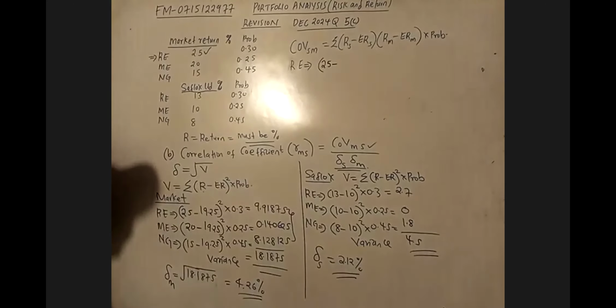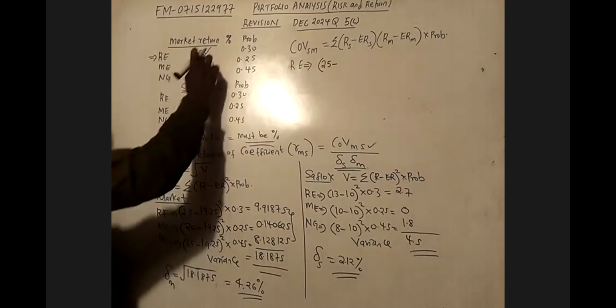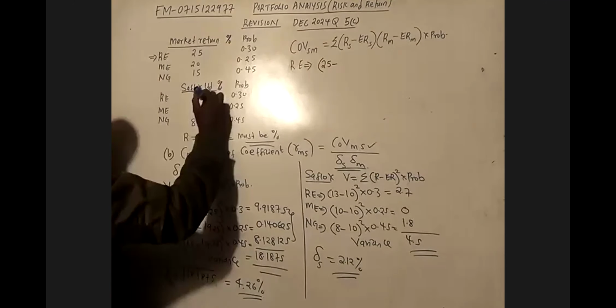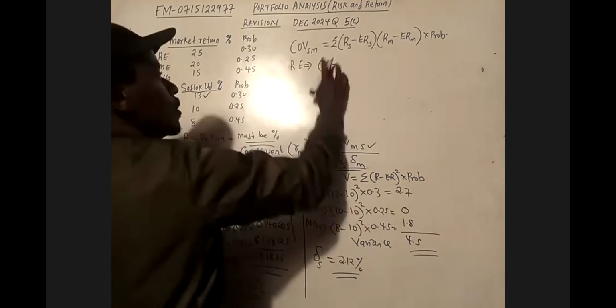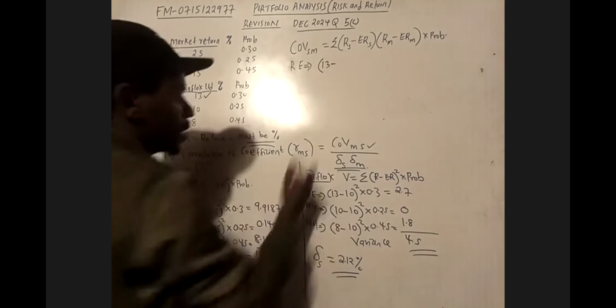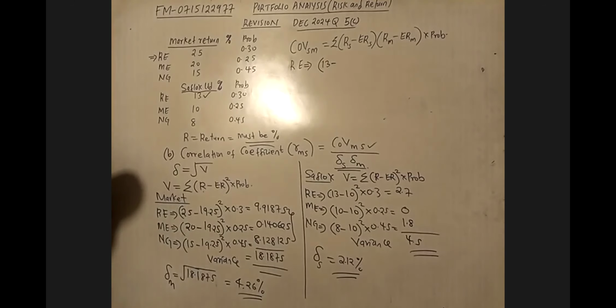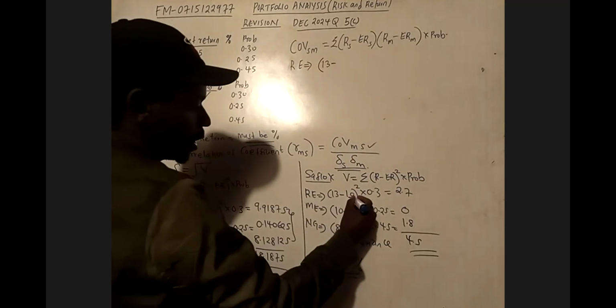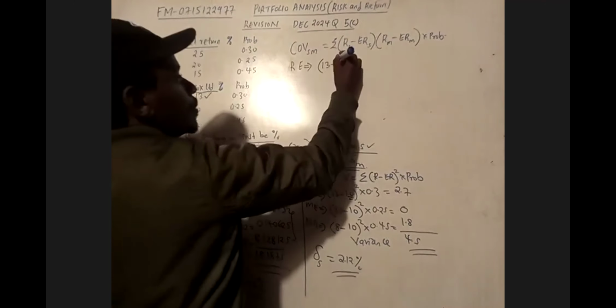So we are at subflux. Here it is 13. What was the expected return for subflux? The expected return for subflux was 10. So it is this one here, 10.